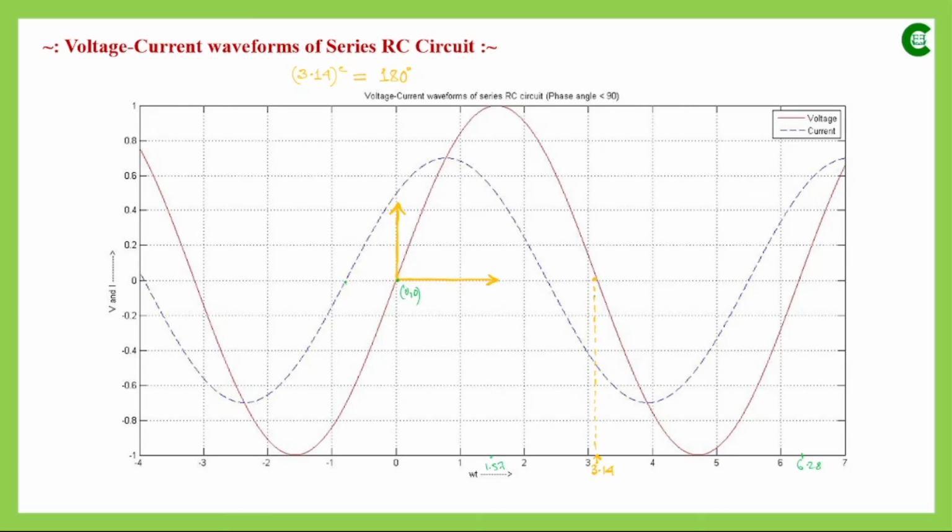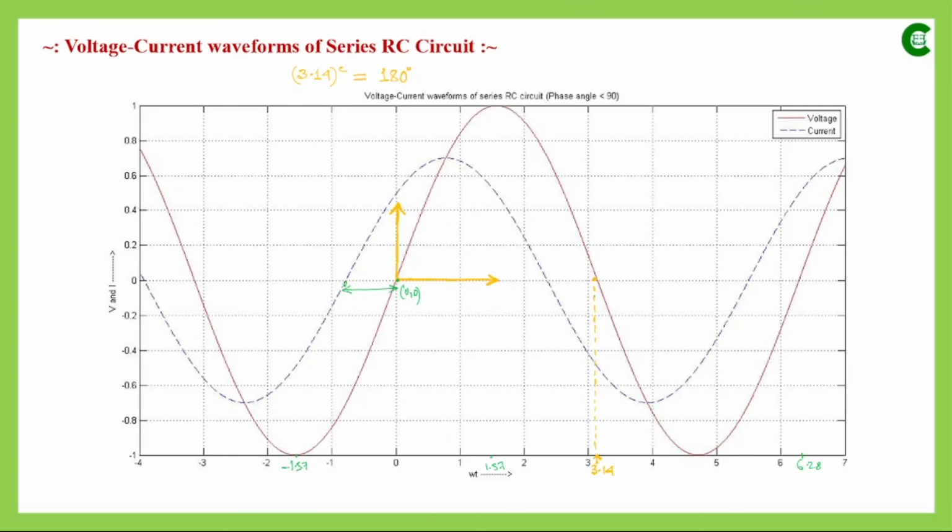Here the current is zero at some other point which is ahead of this voltage, and if we measure the difference between these two points, this measurement is not 1.57, rather it is less than 1.57. 1.57 would be around the point where it is at negative peak, and this point is much less than that value.